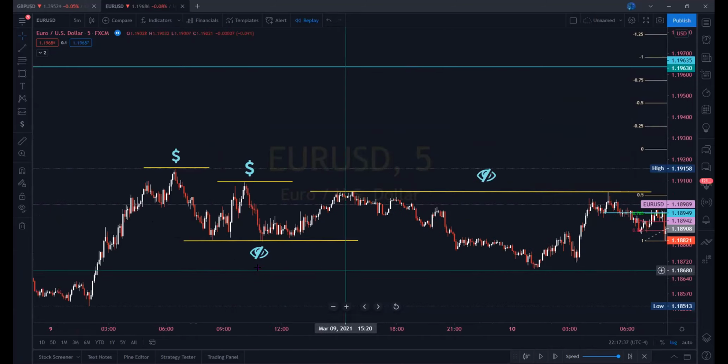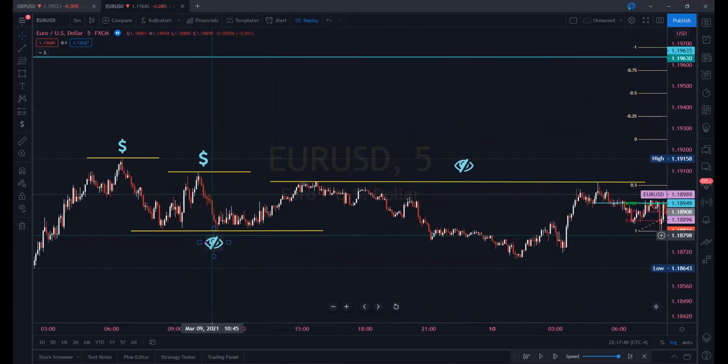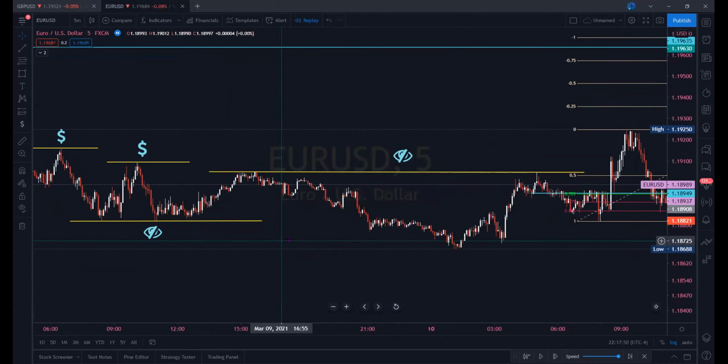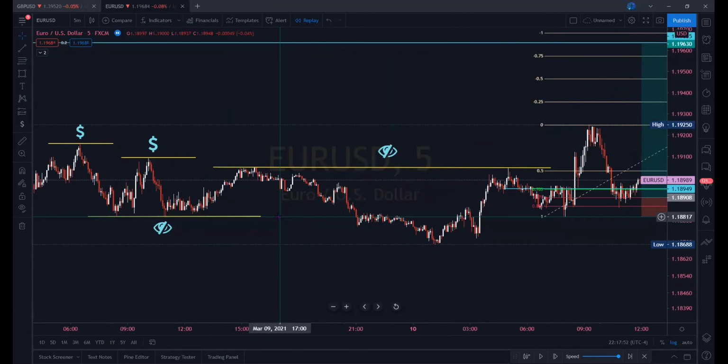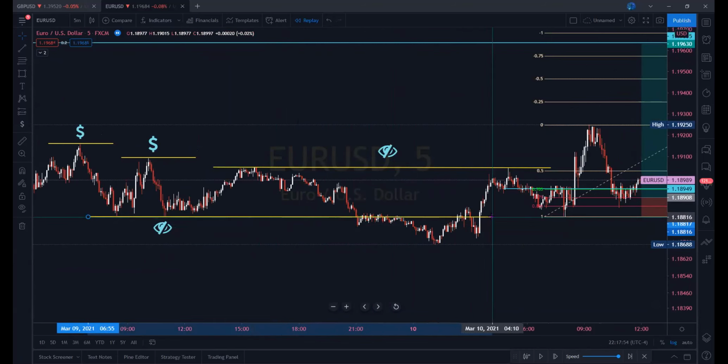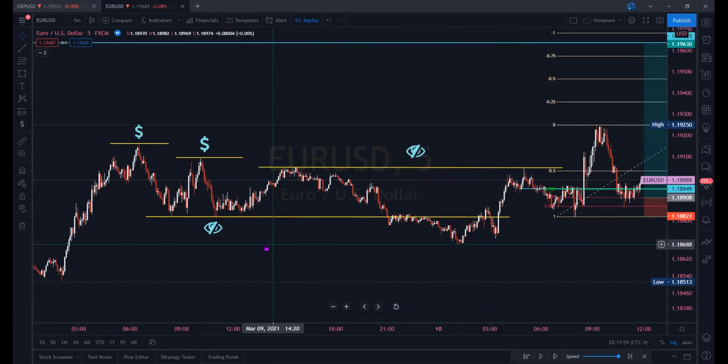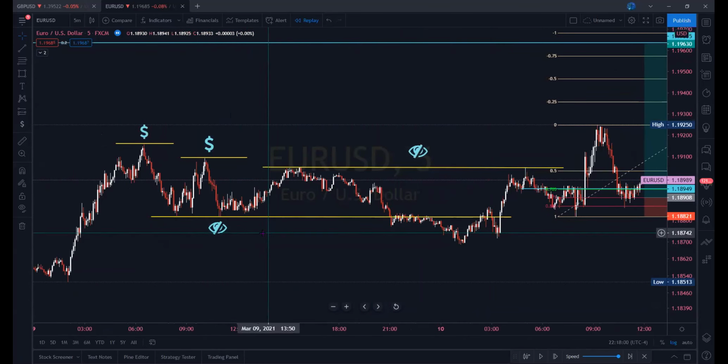Now, why do I say that this is already taken liquidity? The one that's crossed out means that liquidity has been taken, while the dollar sign means active liquidity. Why do I say that? Because further along, we see that the market broke through this level and dipped inside of that liquidity pool. So this liquidity has been purged.